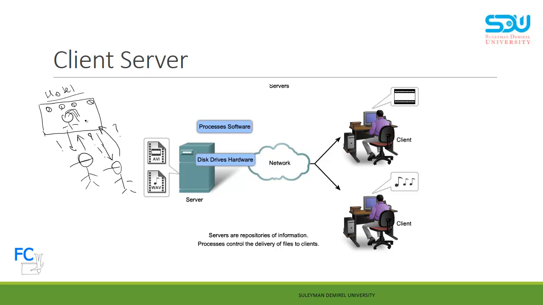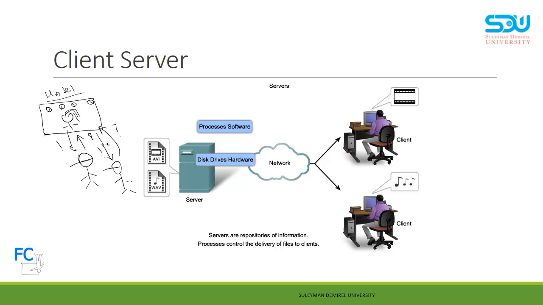So in this situation, these tourists have the role of the clients actually, because they are receiving services from the reception. The reception is now only giving the services, and they are only taking the services. They are not giving their own services.